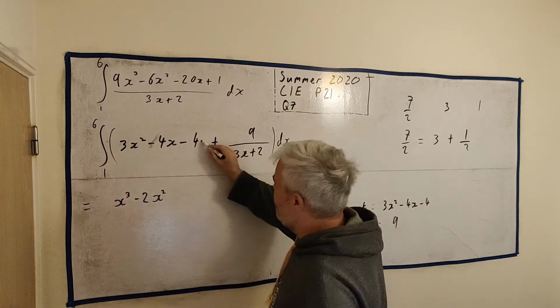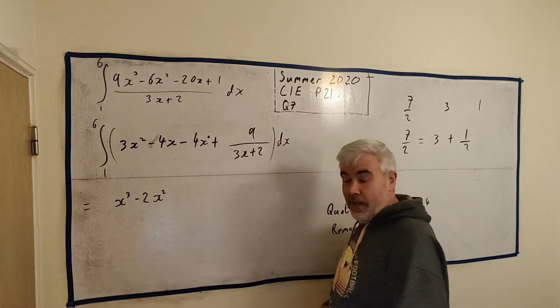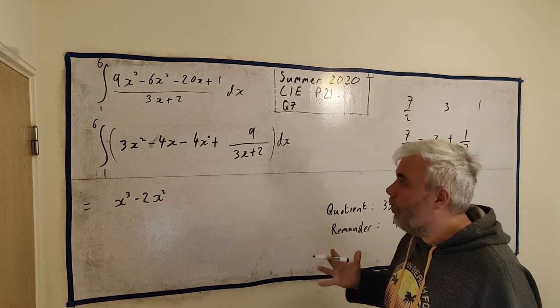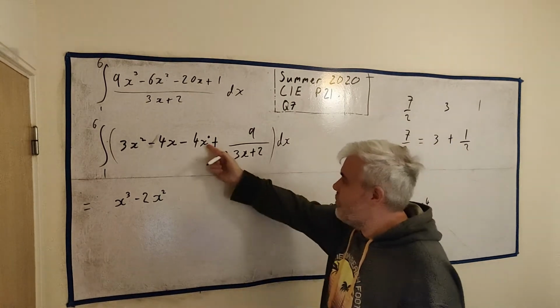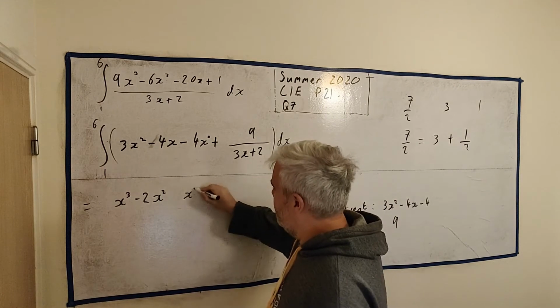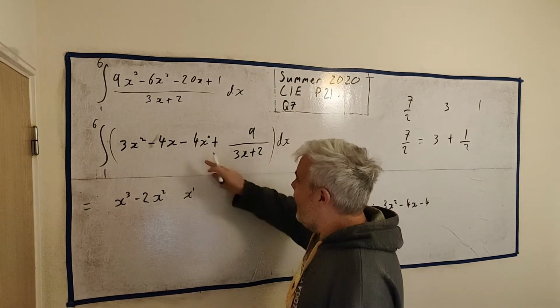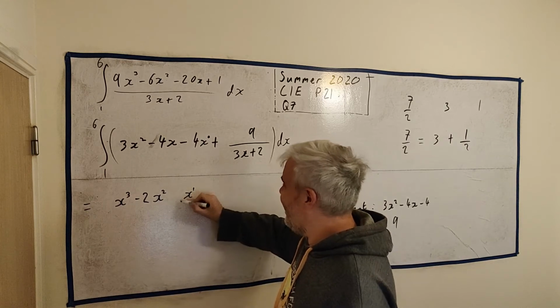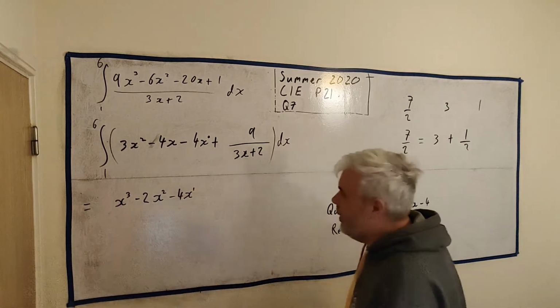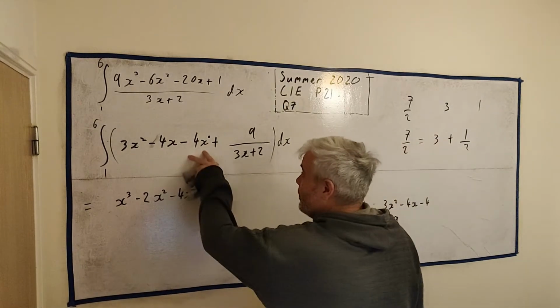And for the next one, there's always an x to the power of 0 wherever you see a 1. So the power becomes 1 bigger, so it's a 1 there, and minus 4 divided by 1 is minus 4. Okay, so that's the easy ones.